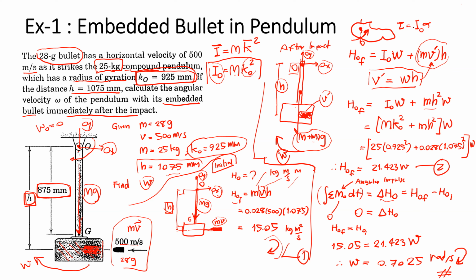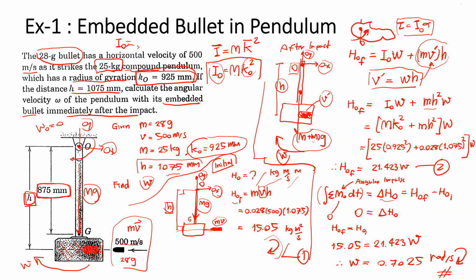So in this problem, they can give you two possible pieces of information. The first way, they may just tell you that this compound pendulum has moment of inertia about O equal to something.